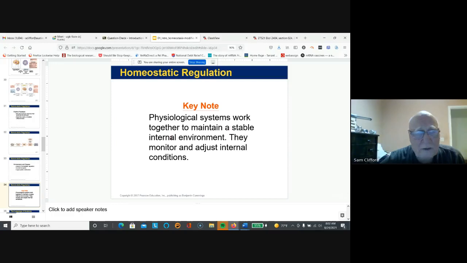Everything's working together to maintain your various concentrations of sugar, ions, and to maintain your temperature, your pH, and so on.